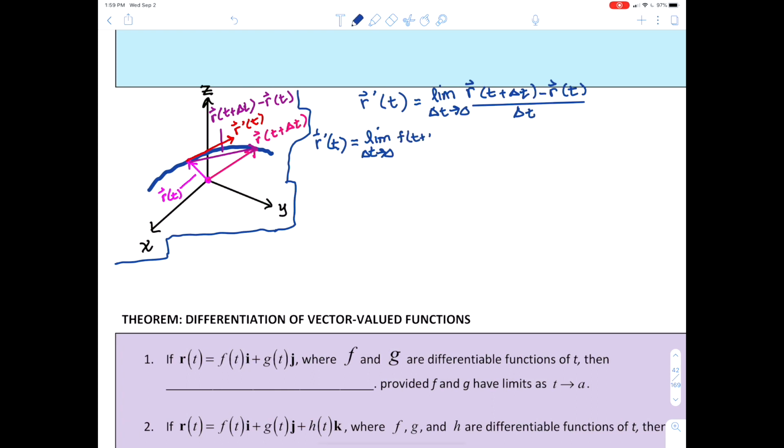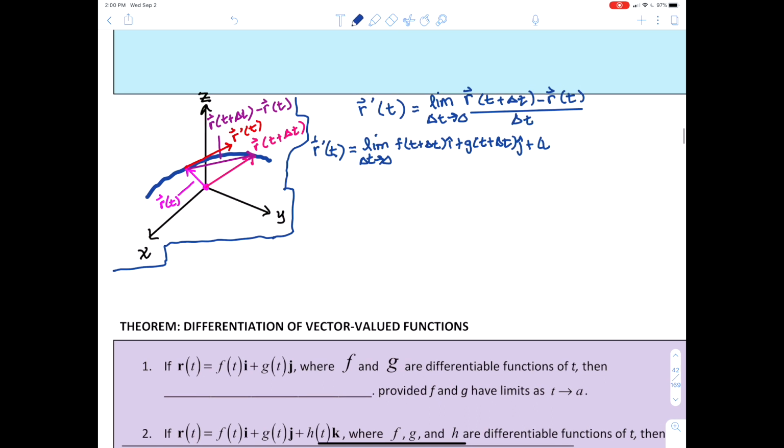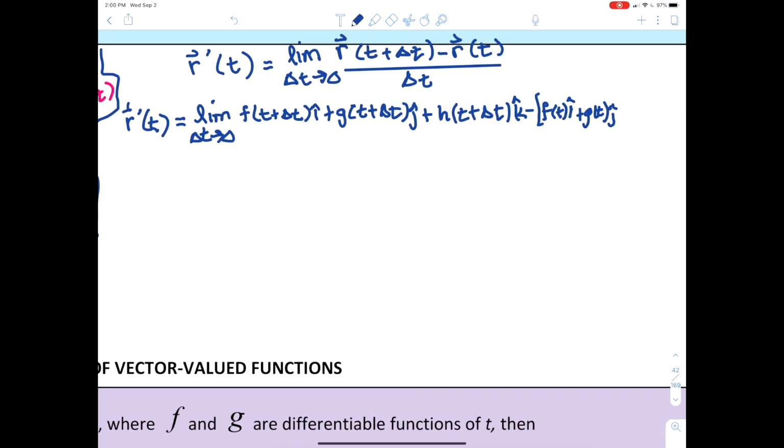f at t plus delta t times i plus g at t plus delta t times j plus h at t plus delta t times k, good so far, and then minus f at t times i plus g at t times j, and then plus h at t times k.